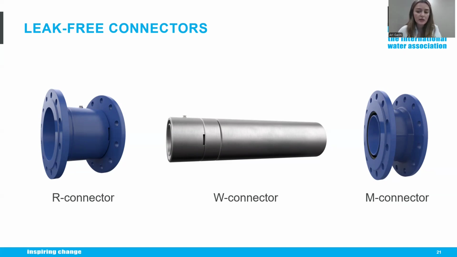It's to create a reliable mechanical connection while maintaining a leak-tight pressure system. This is especially important for drinking water applications, where long-term operational reliability is essential. Also, the system is designed for a lifespan of 50 years.